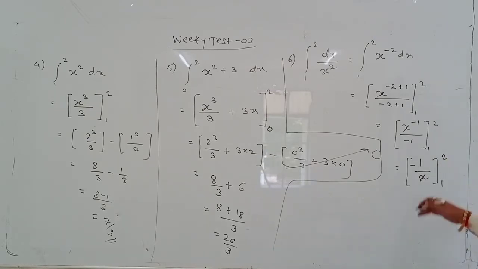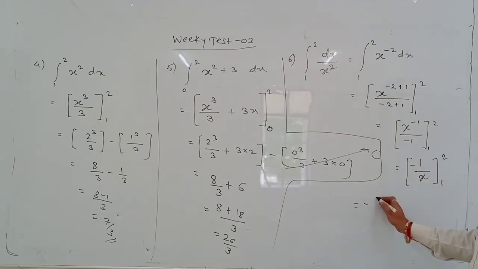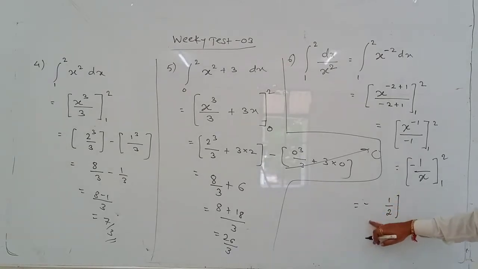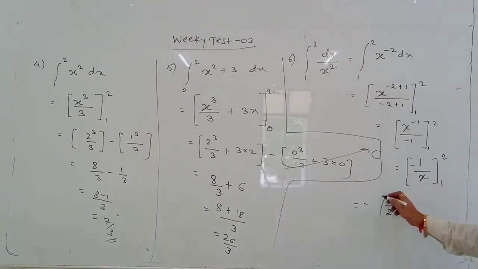Now apply the limits. So what we can do, we can take this minus sign outside and then we can subtract. So first substitute 2, so it will become half, minus substitute 1 upon 1.